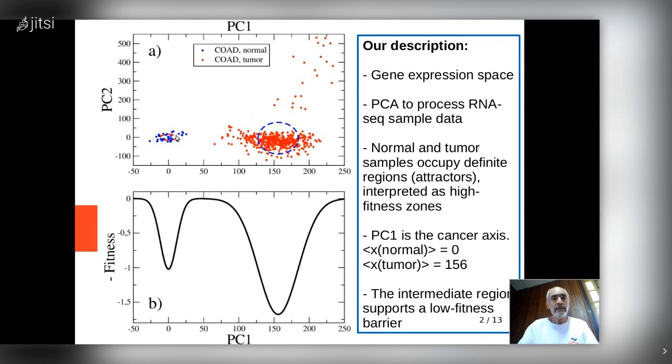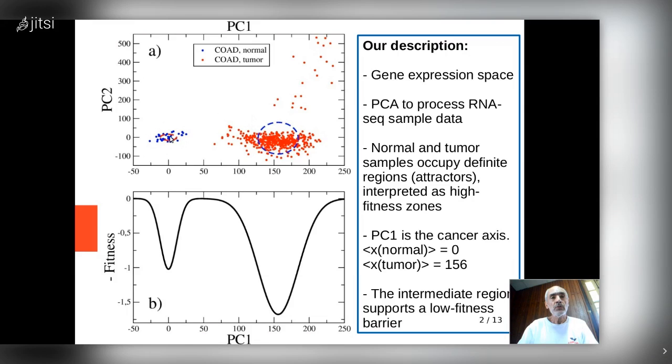As I say, this is the first model of this kind to the best of our knowledge. There are no free parameters in the model. That is, parameters come from processing the gene expression data and from compilations in the literature. Okay? This model is kind of simplified, as I mentioned.